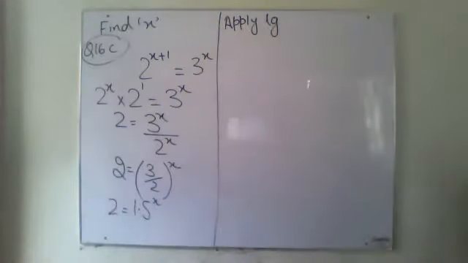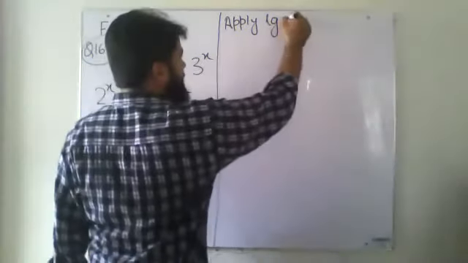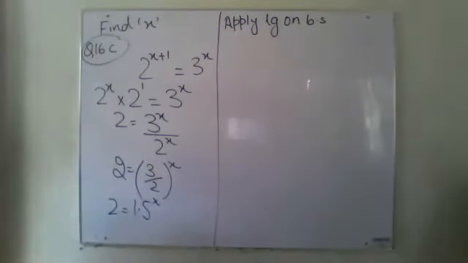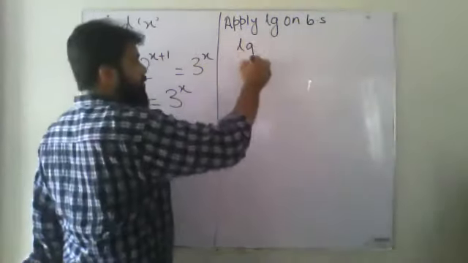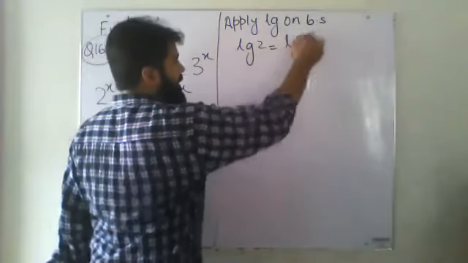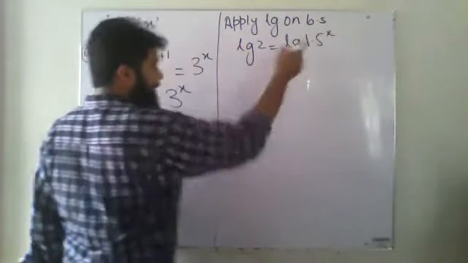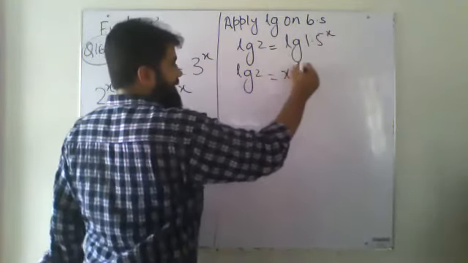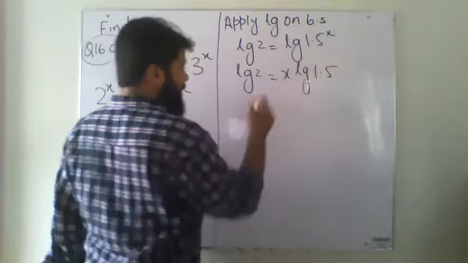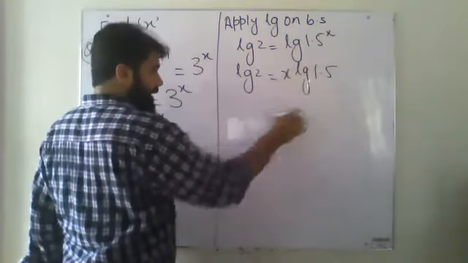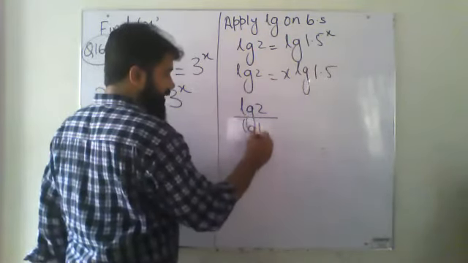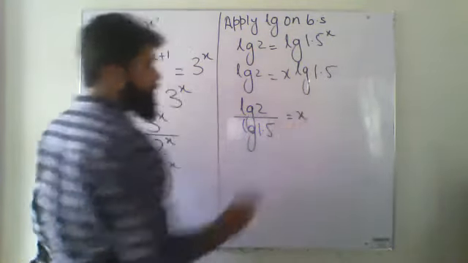As there is no exponential over here, so I will be working with LG, applying log on both sides, and LG2 equals to LG 1.5x. LG2 equals to, shifting x, LG 1.5. Now these two are being multiplied. I will transfer it over here. LG2 over LG 1.5 equals to x.